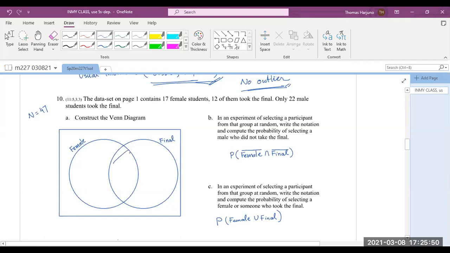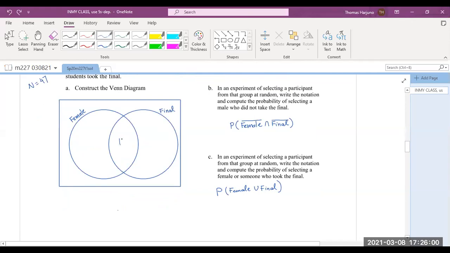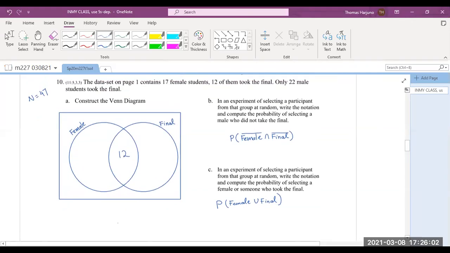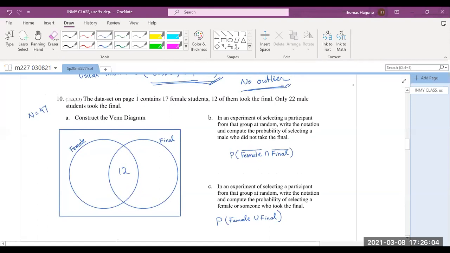This intersection here represents the number of females taking final. 12. There are 12 of them, that's right. Okay, so there are 12 here. Now then, how many females in total? There are 17, right? 12 of them took final, so the other 5 did not take final.